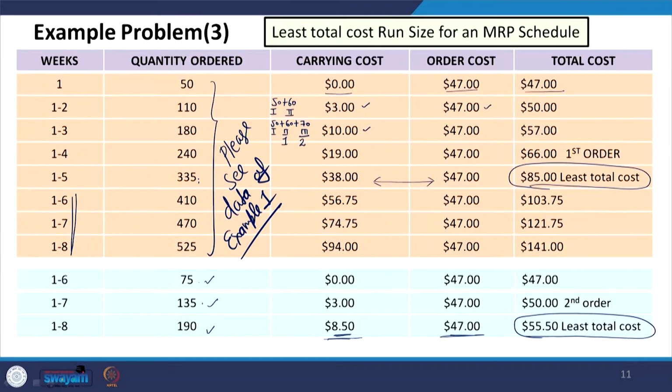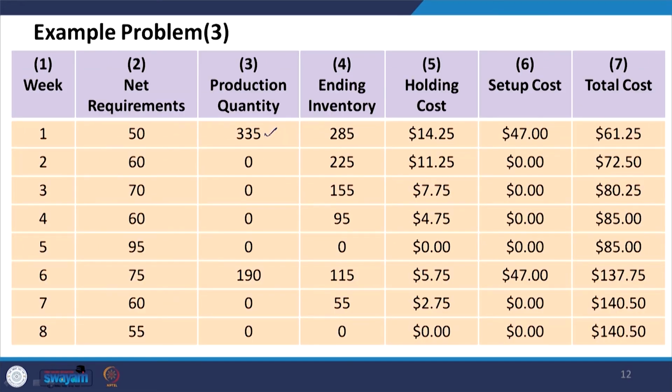First order is of 335 units, and then you see how your inventories are reducing. Then at the sixth period, because inventory will finish here, you will order 190 units, and then you will finish your inventory in such a fashion, and your total cost is coming $140.